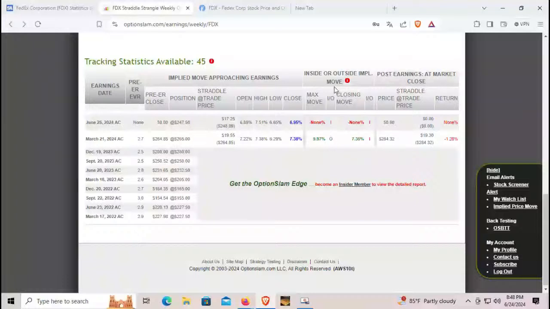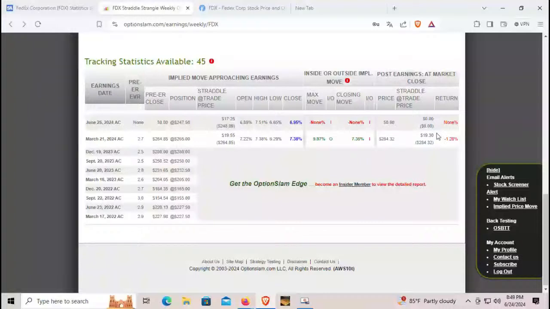It's out of the implied move. So it was 9.97. The closing movement was 7.35. It was inside. So the price was 284 at the close. Post earnings at the market close, 284.